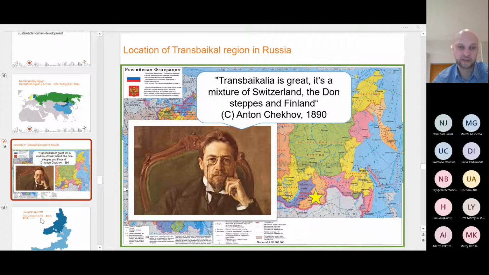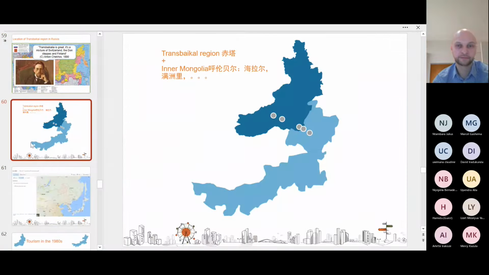Now let's proceed to the description of the region and the cities. The population of the Transbaikal region, in the upper side of this picture, is 1,074,000 inhabitants. The main cities are Chita, the capital of the region, located in the center.